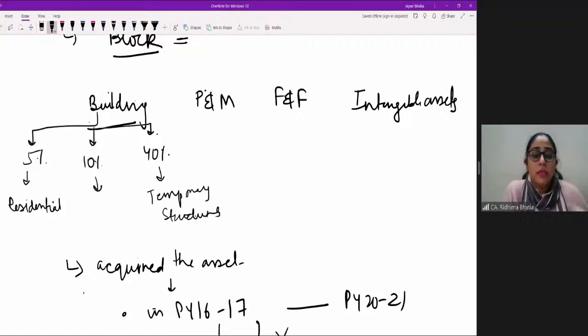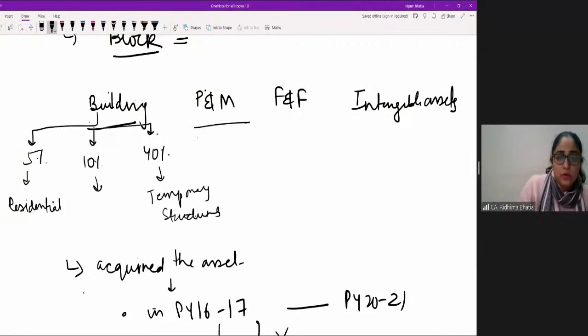Obviously you cannot claim the depreciation, but income tax says that you can claim the depreciation by capitalizing the expenditure. By capitalizing the expenditure, you can claim the depreciation as a tenant. For the expenditure which you have done on that building, only that part would be capitalized and you will claim the depreciation.